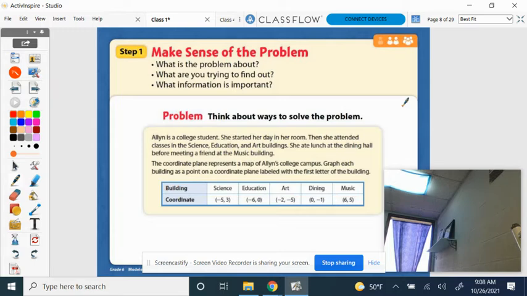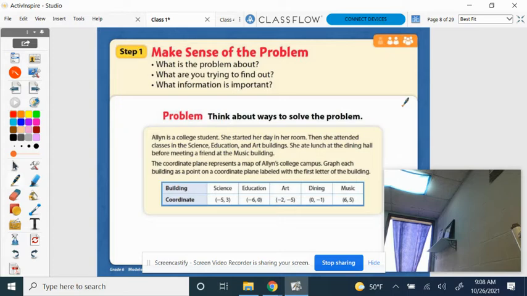What are we trying to find out? Jacob? You have to graph each building as a point on a coordinate plane. Alan is a college student. She started her day in her room, and then she attended classes in science, education, and art buildings. She ate lunch in the dining hall before meeting a friend at the music building. The coordinate plane represents a map of Alan's campus. Graph each building as a point on the coordinate plane labeled with the first letter of the building.